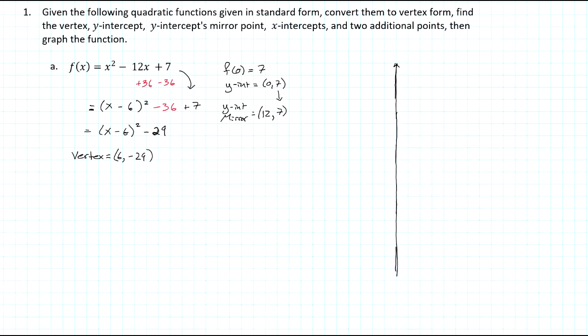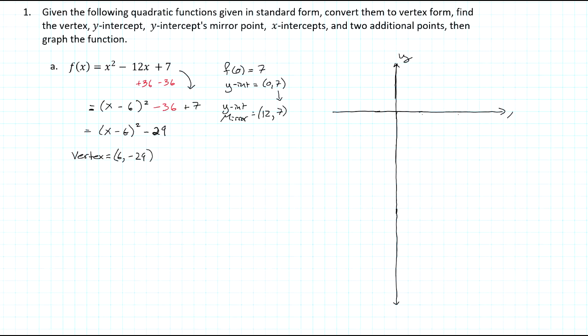If we're going from the vertex at negative 29 up to a y-intercept of 7, it's 36 total, so I need to have like 18 of these and be able to go by 2s. I think this is enough. Let's take a look here.